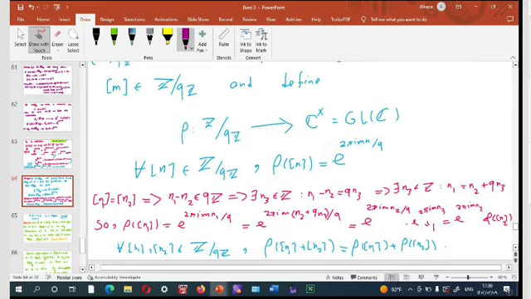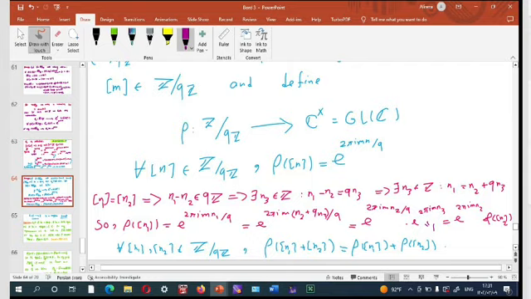Again, I prove that this function is well defined. If n1 minus n2 belongs to qZ, then there exists another integer n3 such that the subtraction equals q multiplied by n3.